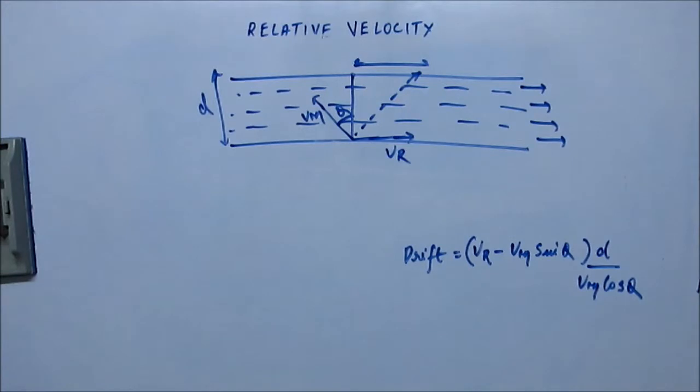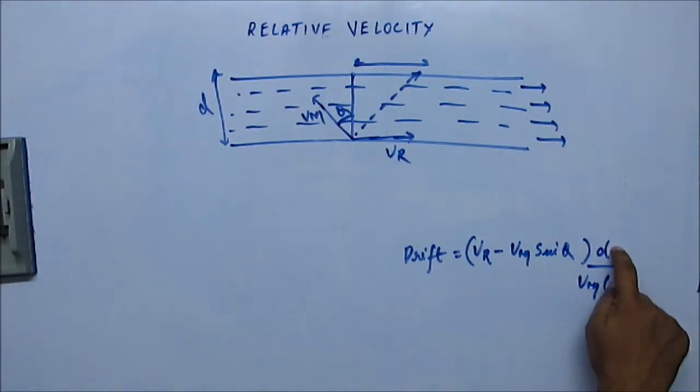This is the expression of the drift, and as we can see, suppose we are keeping Vr and Vm constant, then how should the swimmer go about swimming to keep the drift minimum?